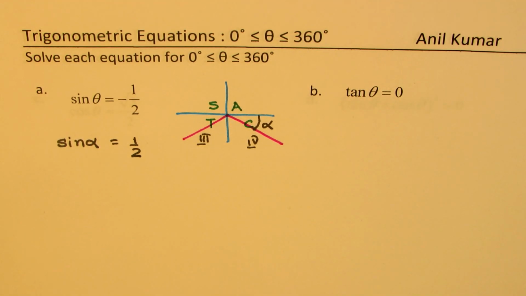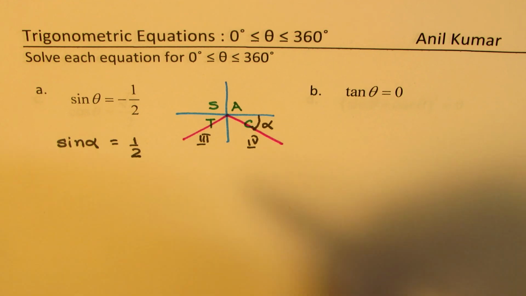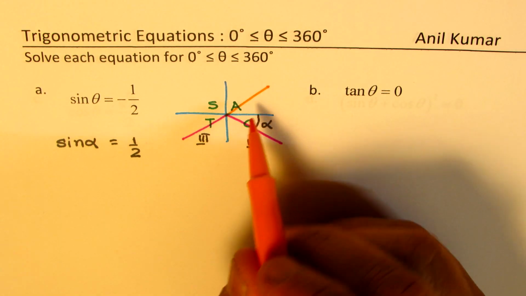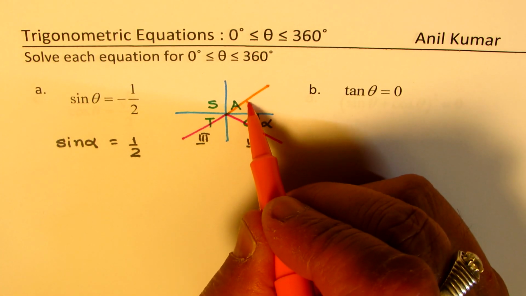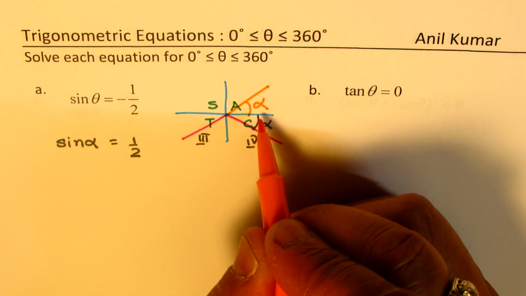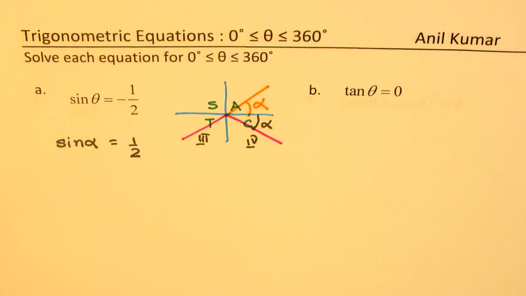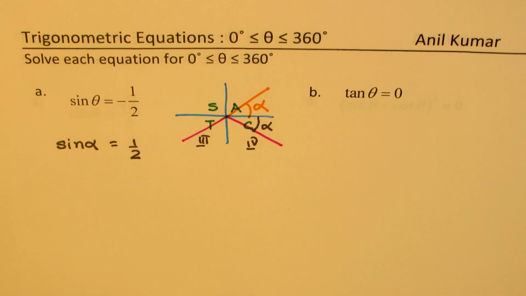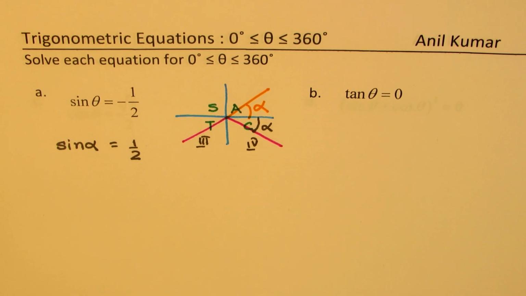That is to say, we'll try to figure out what is the value of alpha, the related acute angle, when theta is in quadrant 1, right? So we say alpha here, acute angle, alpha, which will give us always a positive value.